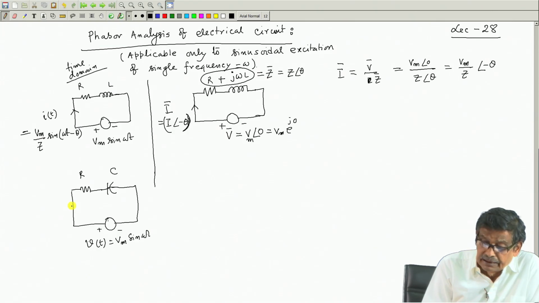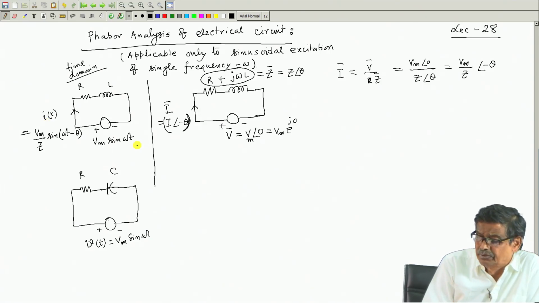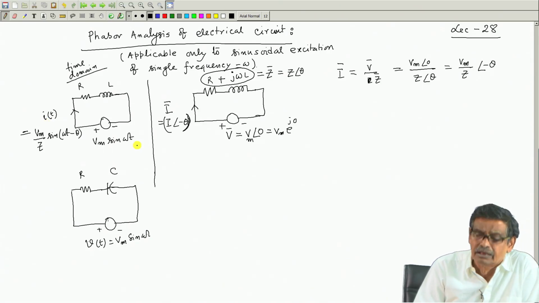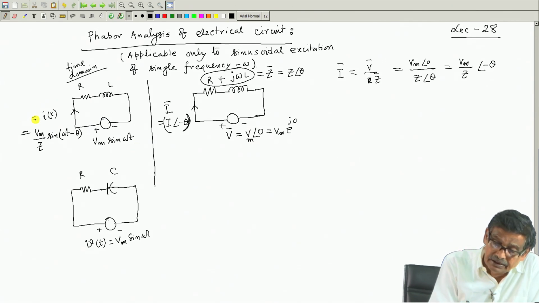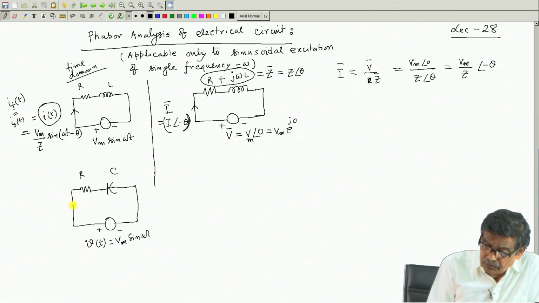And this current I t is steady state current. We will not carry on that I f t or I s t, because we understand with respect to the context. We are only interested in steady state current. This is same as your I s s t, which is same as I f t, solution due to forcing function. These are all same. So, I will write henceforth as I t. With respect to context, you have to understand.